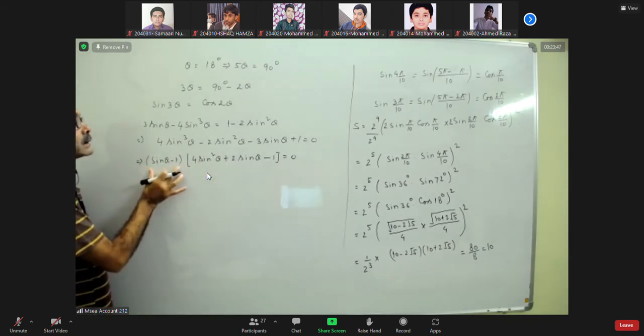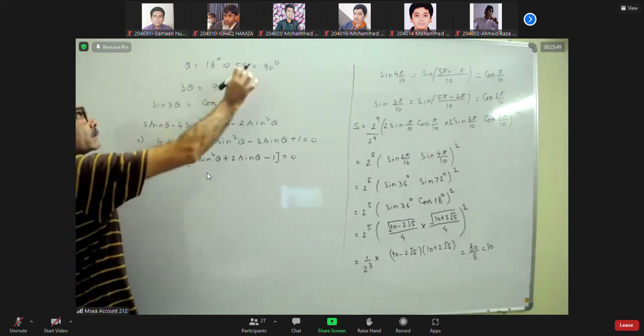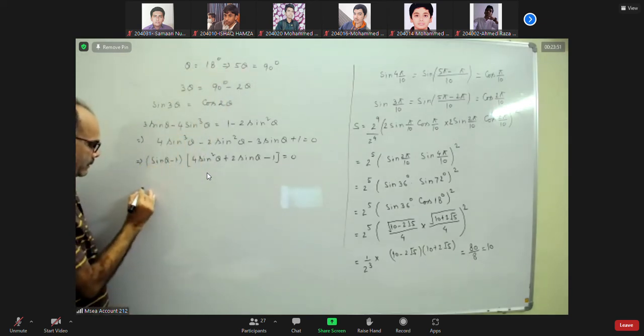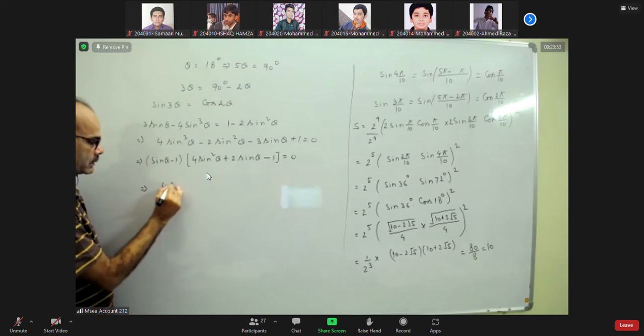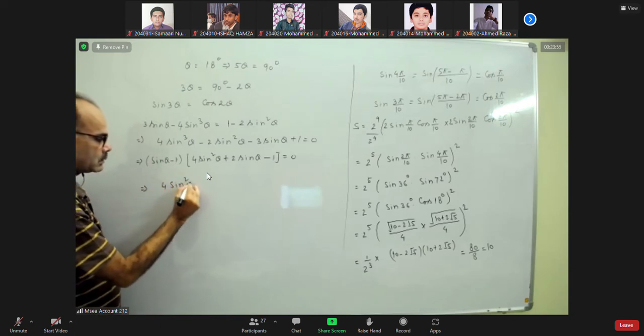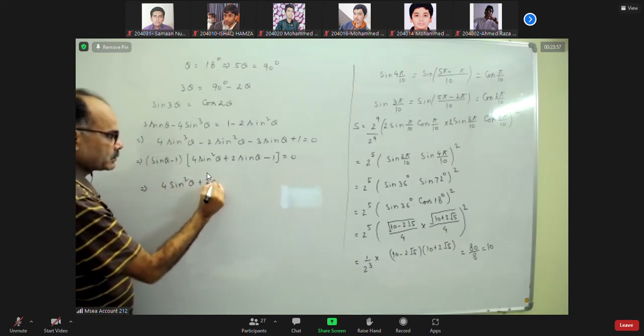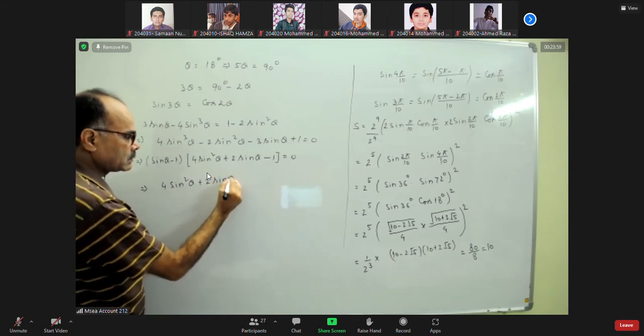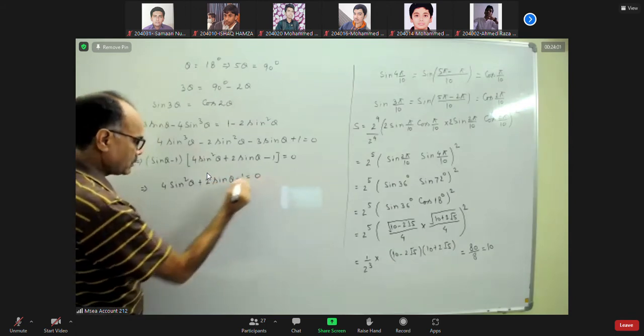Corresponding to this, sine theta equal to 1 is not possible because theta is 18. We have 4 sine square theta plus 2 sine theta minus 1 equal to 0.